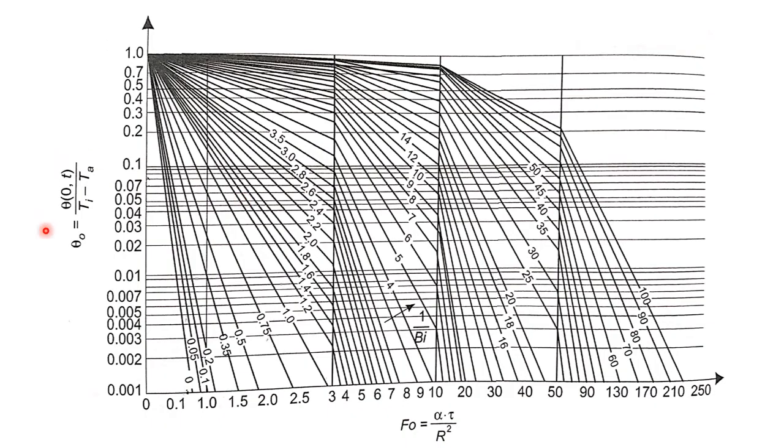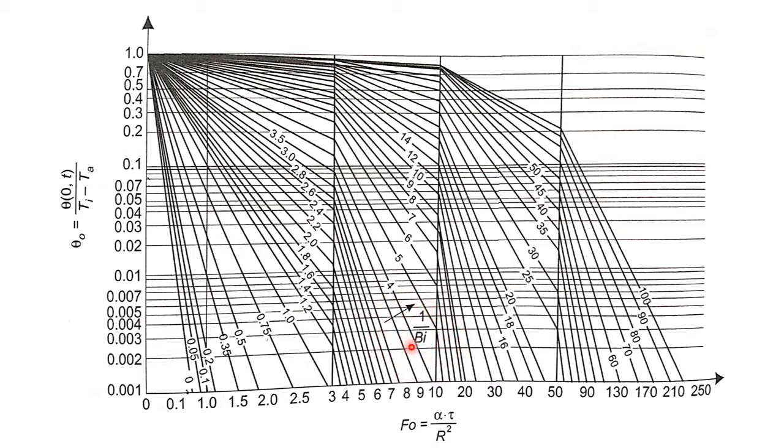See here, the notations are different here. So this indicates (T minus Ta) divided by (Ti minus Ta). This value only we are going to read directly from the graph. So you can see here, on the x-axis all these values indicate the Fourier number, and these inclined lines indicate 1 divided by Biot number.